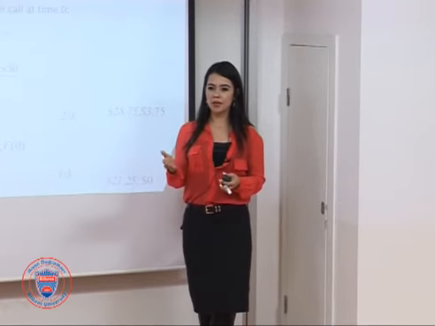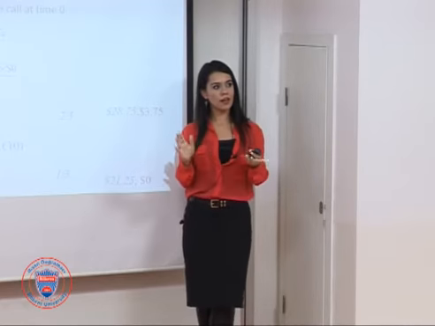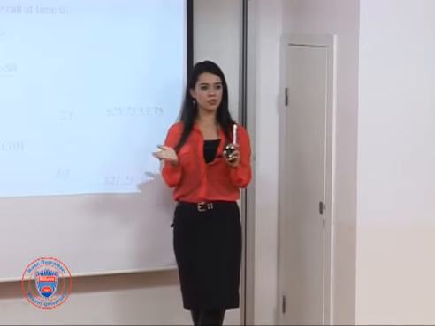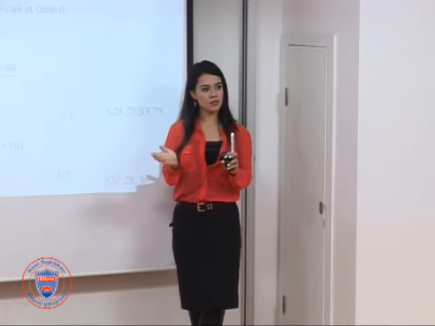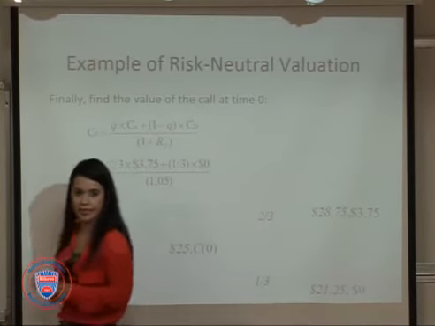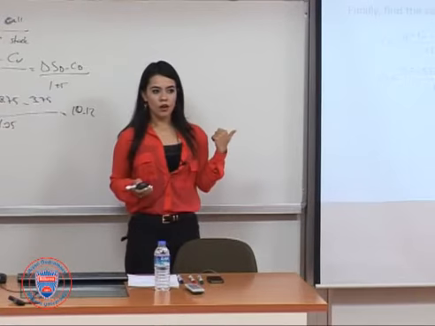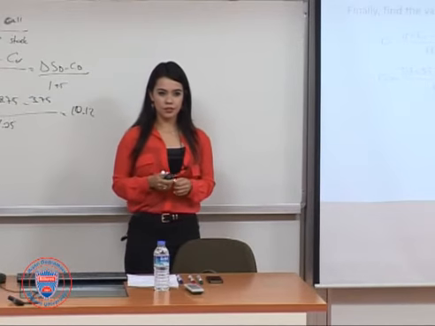Why is it the case? Because the change in the stock price now actually cancels out all the expectations about the future prices. So that's why, without assigning any probabilities, we were able to find the call premium in the previous example. Okay, any questions on those two things?